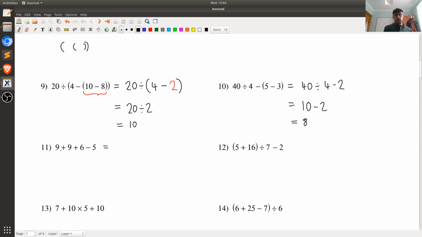A bunch of addition and subtractions. So 9 add 9 makes 18, 18 add 6 makes 24, 24 take 5 makes 19. Brackets first. 5 add 16 makes 21. And now division. 21 divided by 7 makes 3. And now subtraction. 3 take 2 makes 1.